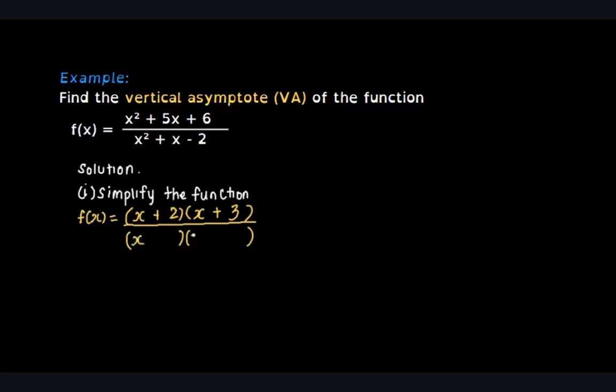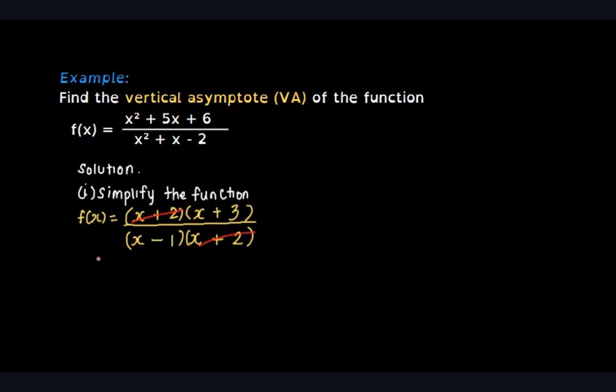X times x is equal to x squared. Next, hanap tayong dalawang number na kapag kinuha natin product, negative 2 at 1 ang sum. So, that is 1 and 2. Dito, dahil positive ang ating middle term, lalagay natin sa malaking number. So, we have negative 1 and positive 2.